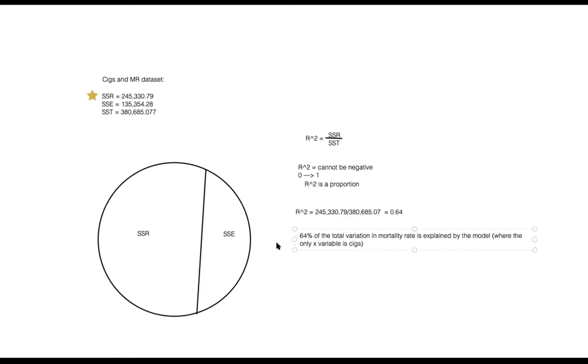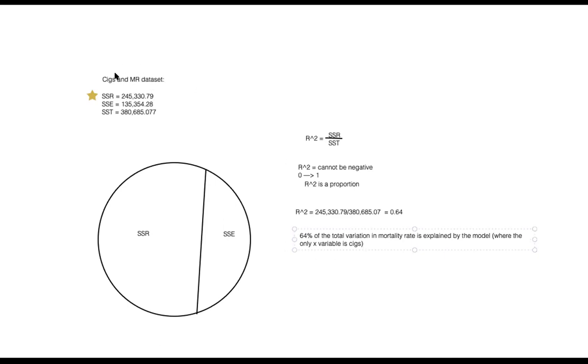So you can say 64% of the total variation in mortality rate is explained by the model, or because my model is composed of the cigarettes variable, 64% of the total variation in mortality rate is explained by cigarettes, the cigarette consumption variable. So this is how you interpret this, right?